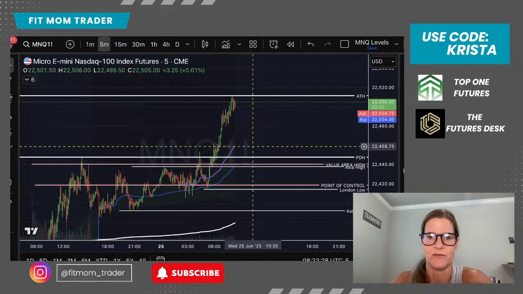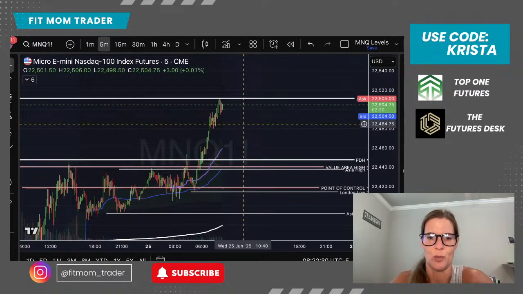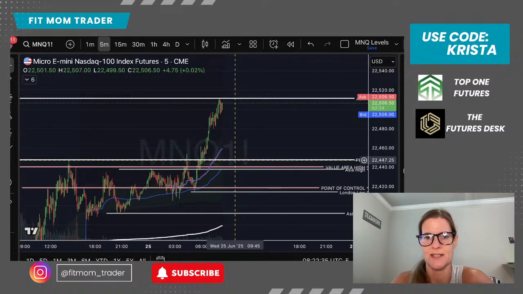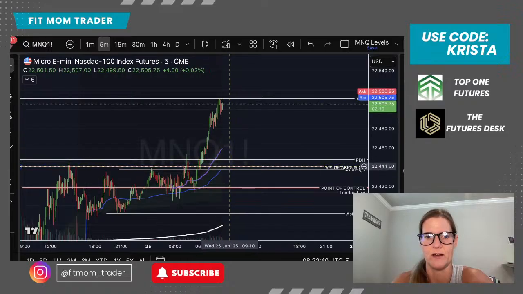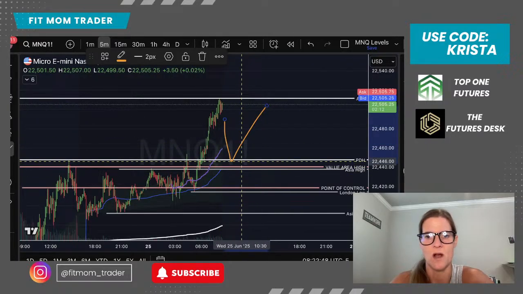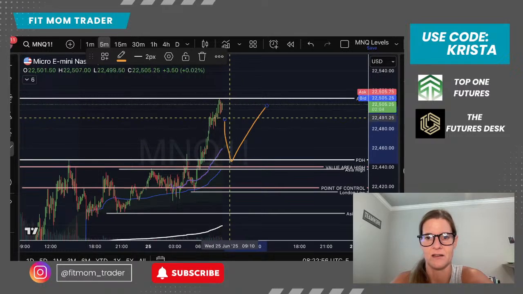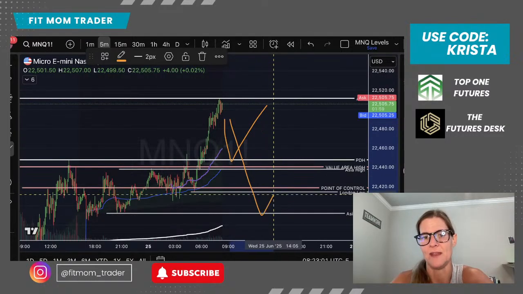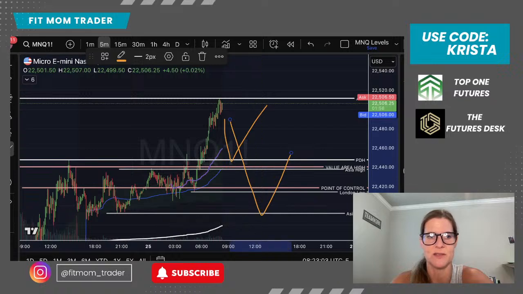So I'm going to be looking at how the market opens. And if it comes down to any of these levels, like yesterday's high, previous day high, and has a good bounce, that could be a good long, because that's also right where VWAP is. So this could be a potential spot for a bounce, VWAP and previous day high level. If it decides to come down and grab any of the London or Asia low liquidity, perhaps, and then bounce, that could be a possible spot for a long.